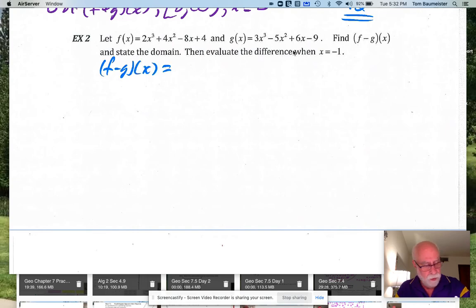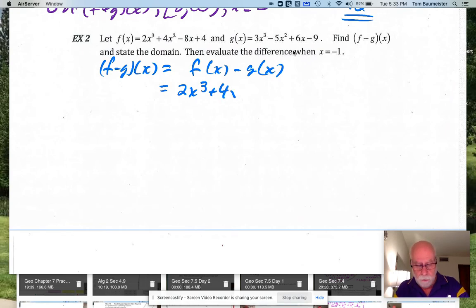And we know that we can separate that, so we can say it's f of x minus g of x. Okay, so our f of x is 2x cubed plus 4x squared minus 8x plus 4. And then we're going to subtract all of the g of x. So that's why I'm putting it in parentheses.